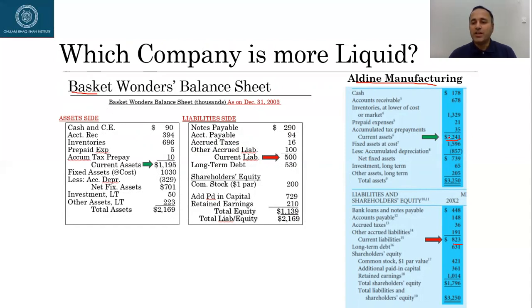Current assets for Aldine are 2,241, and current assets for Basket Funders are 1,195. We cannot compare these two numbers because the asset size or the firm size of both companies is different. Here the total assets for Basket Funders is 3,250, and for Aldine is 2,169.